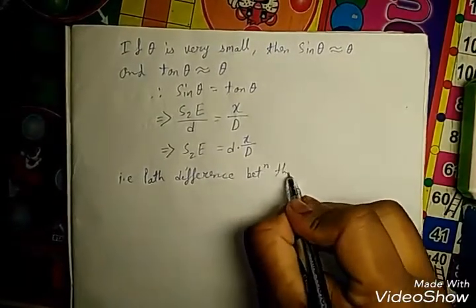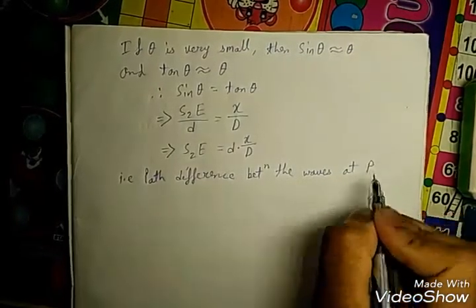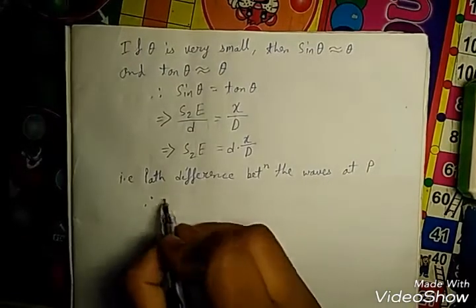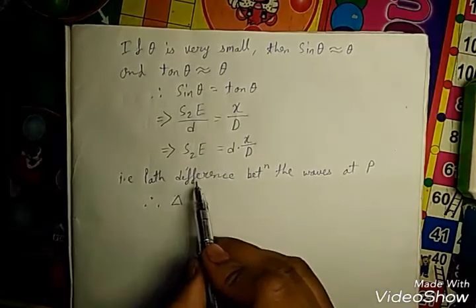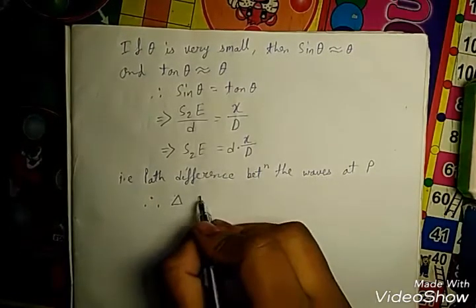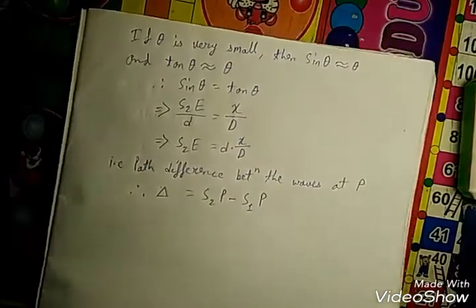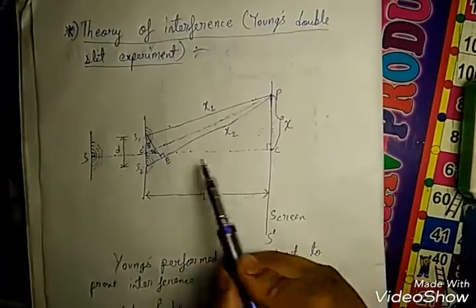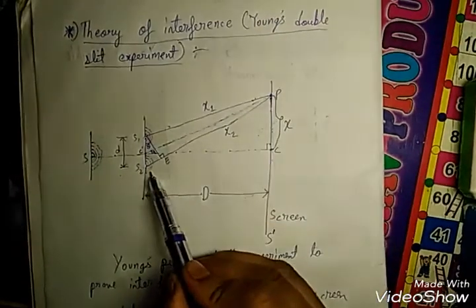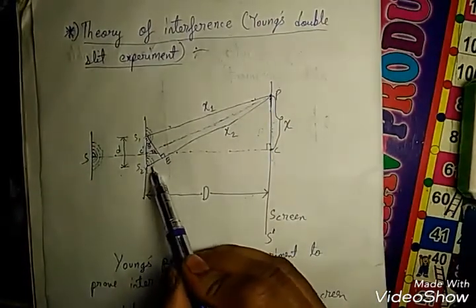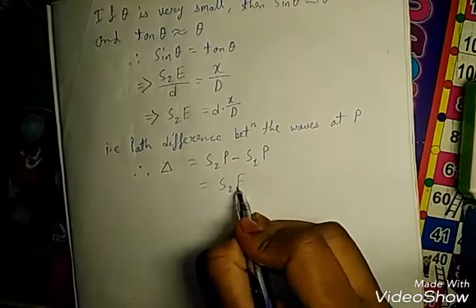between the waves at P. Therefore delta, which we will use as the symbol of path difference, is equal to S2P minus S1P. Now S2P minus S1P we can take as S2E.